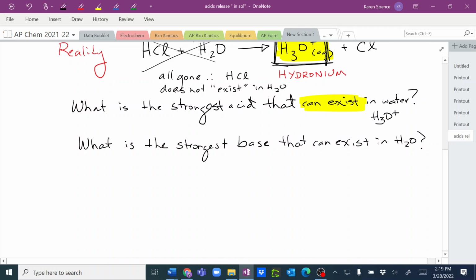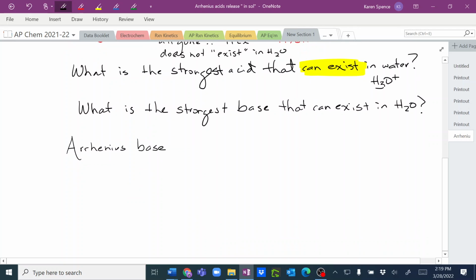Well, if we look once again at an Arrhenius base versus a Bronsted-Lowry base, first of all, what is the definition of a Bronsted-Lowry base?